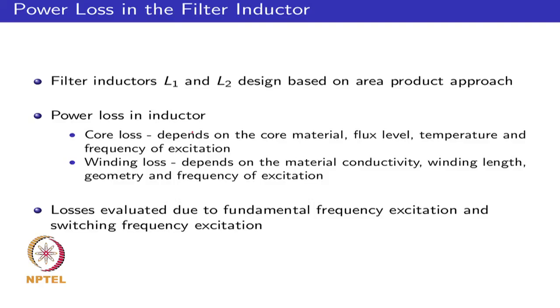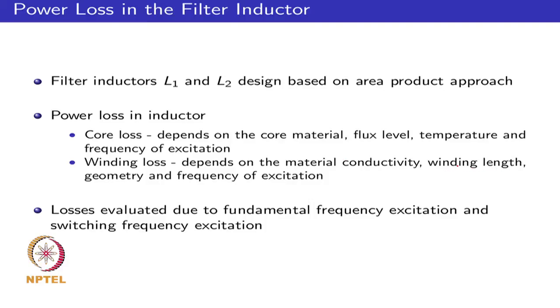The core loss depends on the type of material that is selected, the flux level, the temperature, because the loss parameters and the properties of the material would change with temperature, also the frequency of excitation. The winding loss would again depend on the material conductivity. The material conductivity can again change with temperature.